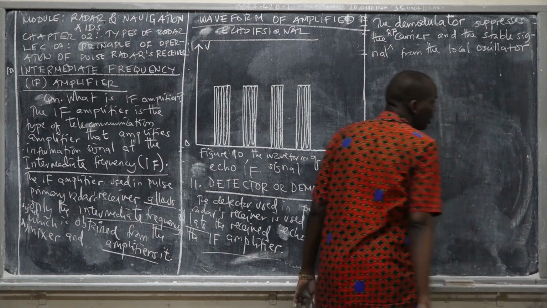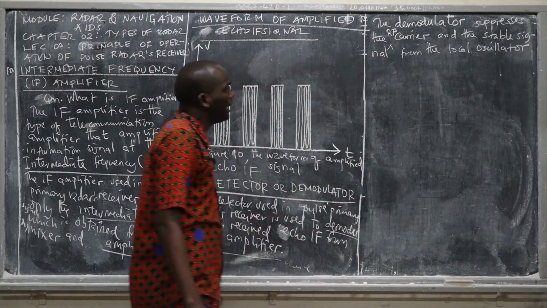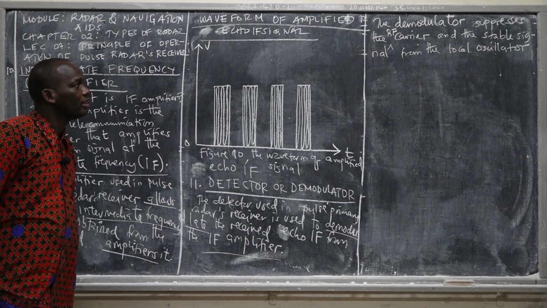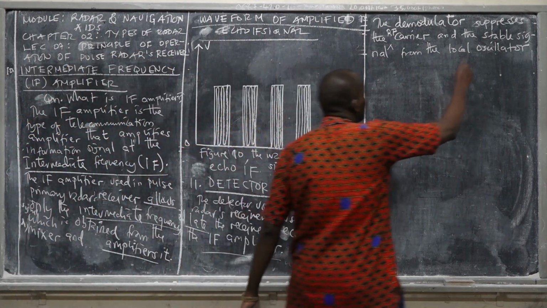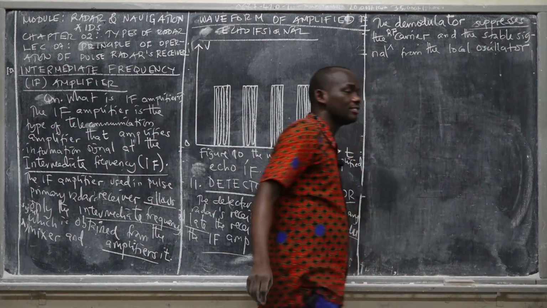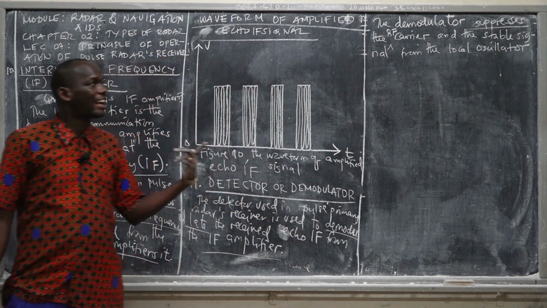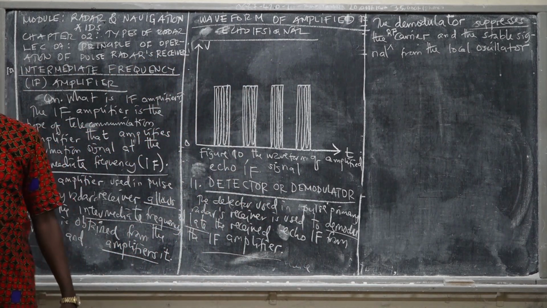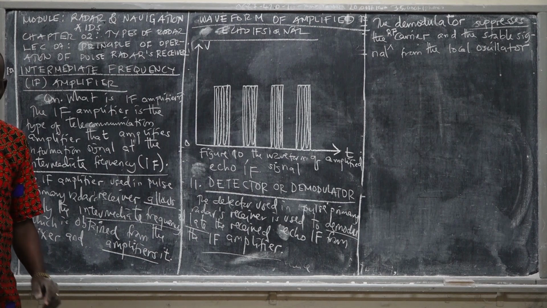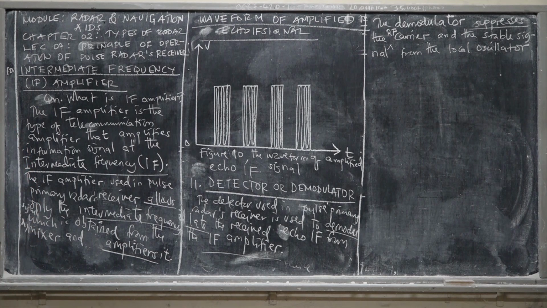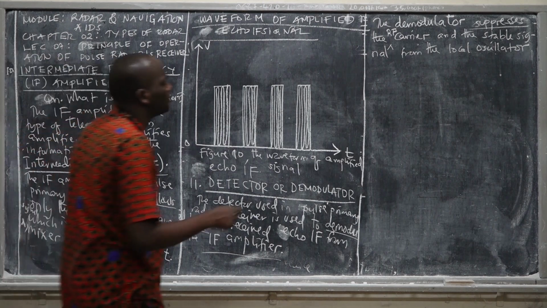So the demodulator or the detector suppresses the RF carrier and the stable signal from the local oscillator.